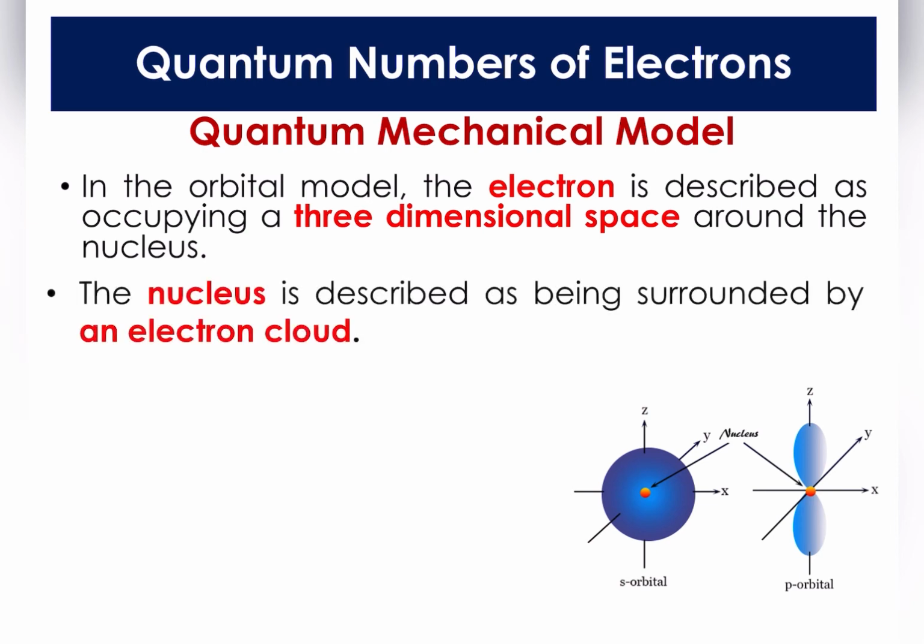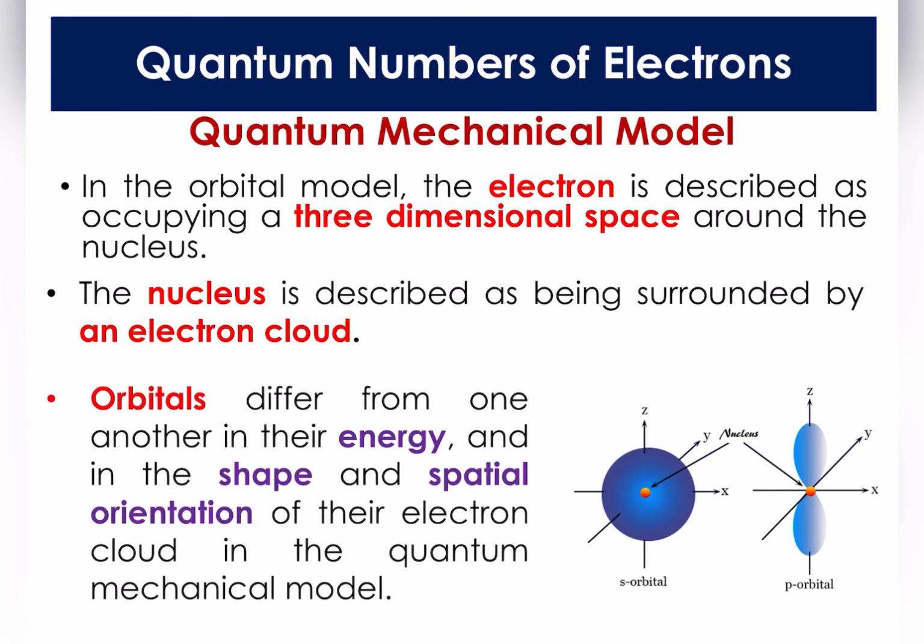Dan elektron apabila dia berada dalam kawasan yang warna biru ini, kita panggil kawasan ini sebagai electron cloud. So that electron cloud is going to make the shapes of orbitals. Either the shape is going to be spherical ataupun dumbbell like this. But you have to make sure that the nucleus is in the middle of the shapes of orbital.